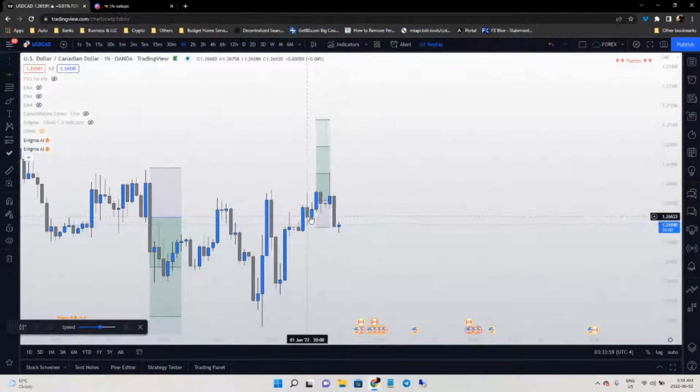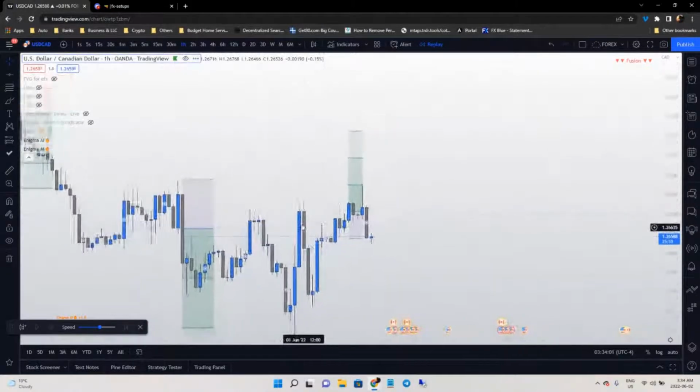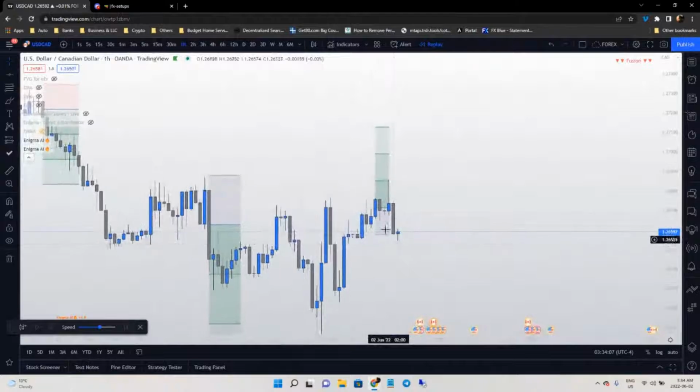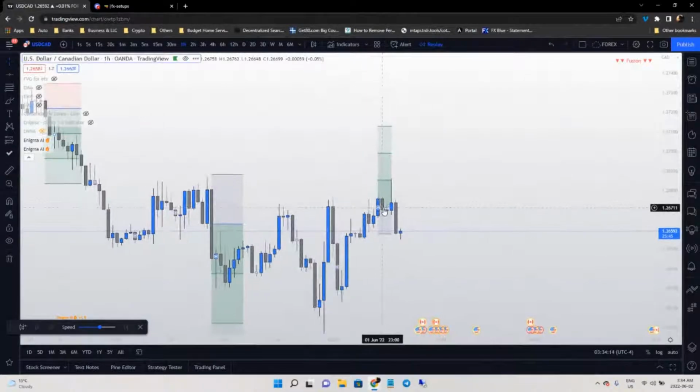And when I say if it doesn't go with the trend, if it doesn't align with Fusion, most of the time your TP will be reduced. So the trade may go in the direction of the trade idea, but it's gonna exhaust the trade here. So right now it went to TP1 and then went straight down.